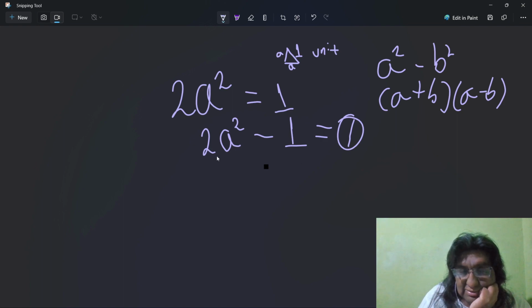Since this number 2 is kind of an inconvenience over here, if you apply the pattern as is, you will have at the end some minus a.